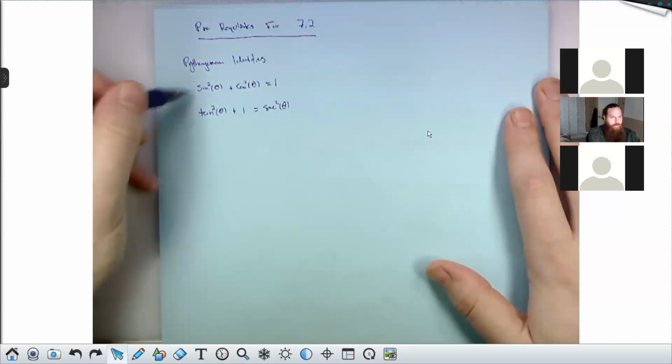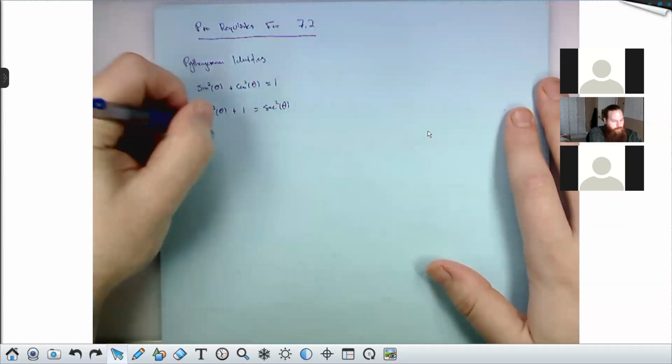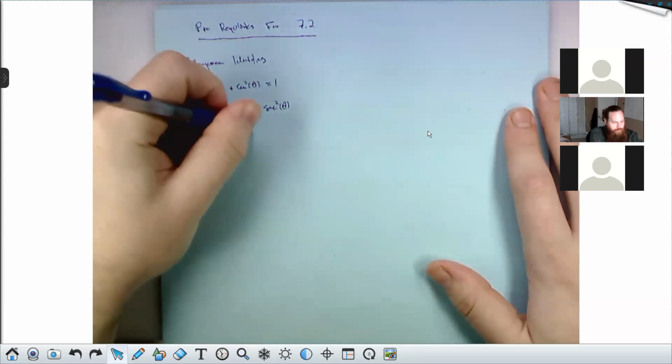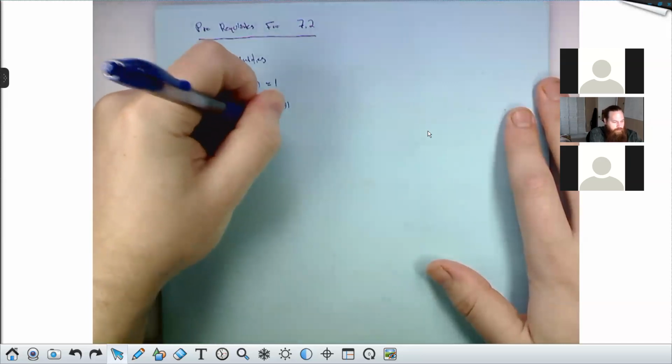And if you were to divide through this first one, instead of by cosine squared everywhere, by sine squared everywhere, you'll get 1 plus cotangent squared theta equals cosecant squared theta.